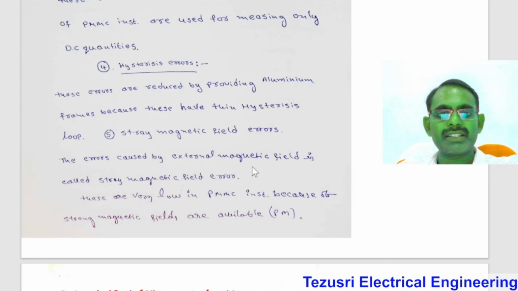Next, stray magnetic field errors. The errors caused by an external magnetic field are called stray magnetic field errors. These are very low in the PMMC instrument because the magnetic material used here is a permanent magnet. Therefore, the strength of the magnetic field is very high.